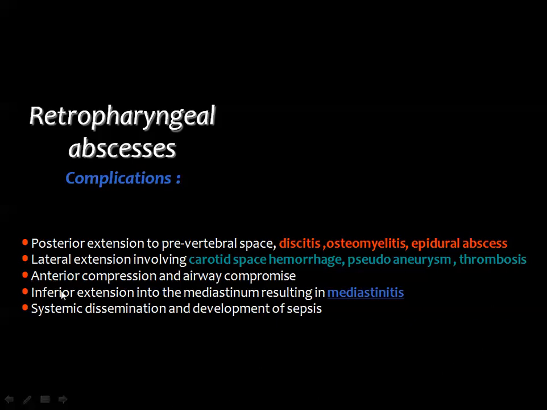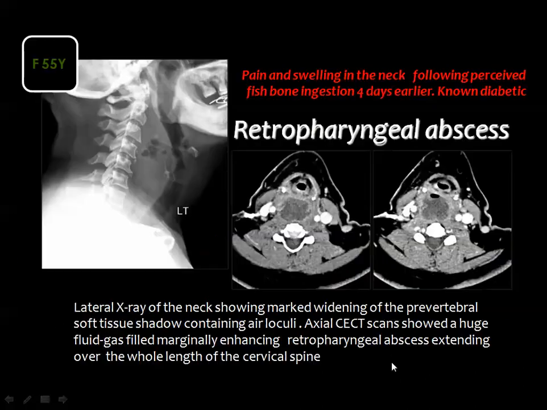If the abscess extends anteriorly, it will compress the airway. If it extends inferiorly, it may go inside the mediastinum, leading to a serious complication, which is mediastinitis. Also, systemic dissemination may occur.